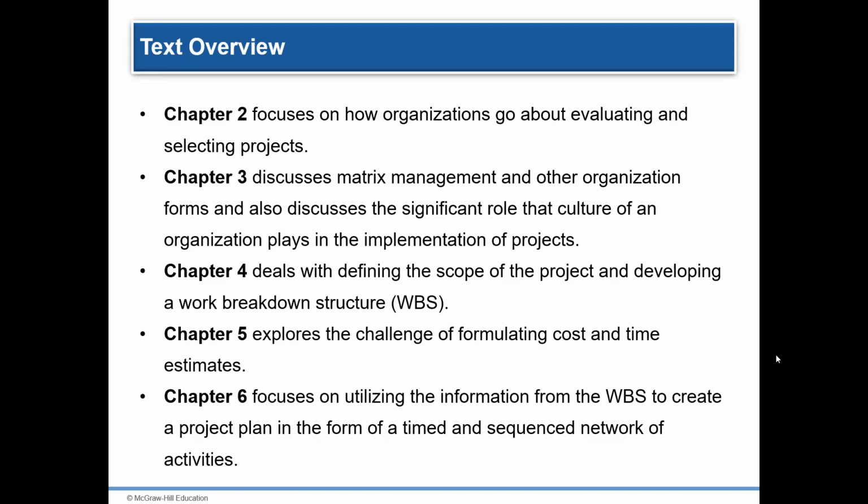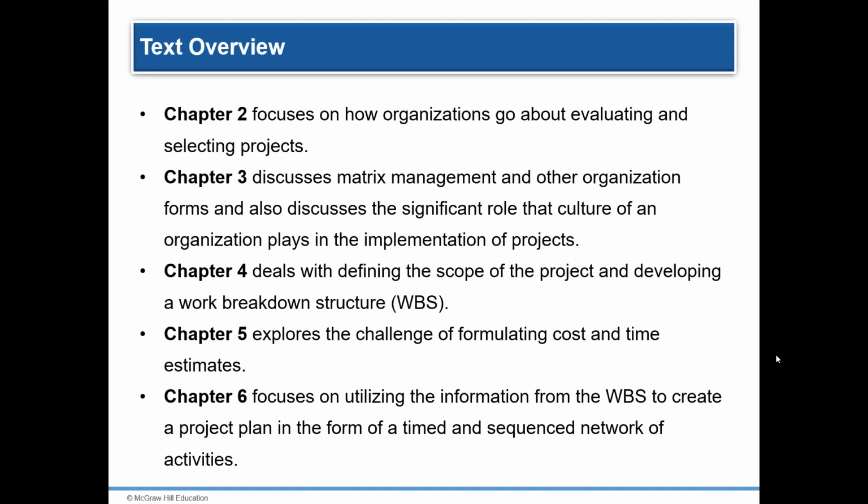Chapter number 4 deals with defining the scope of the project. So we are going to be talking about the WBS, work breakdown structure. While chapter number 5 explores the challenges of formulating cost and time estimates. And then in chapter number 6, we'll talk about utilizing information on the work breakdown structure, planning and formulating sequence and time activities.